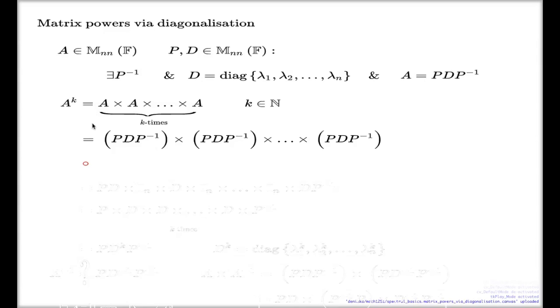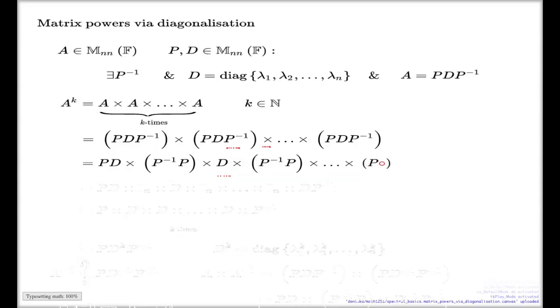The first 2 factors, P and D, I'll just copy them. But then this P inverse I will couple with the next P. Of course, I will put D in between. D is still here, but the next P inverse I will couple with the next P, and I can do it all the time for all of these inner P's and P inverses.